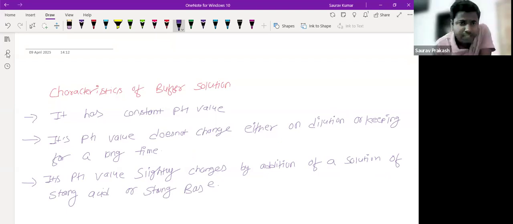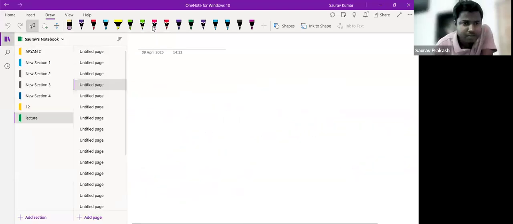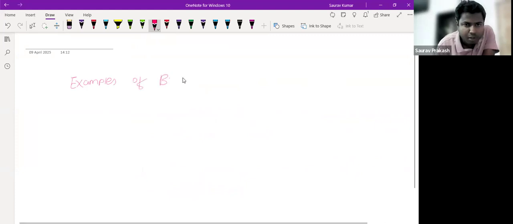Next, we will see examples of acidic buffer solutions and basic buffer solutions.